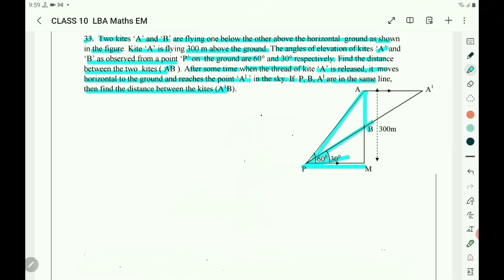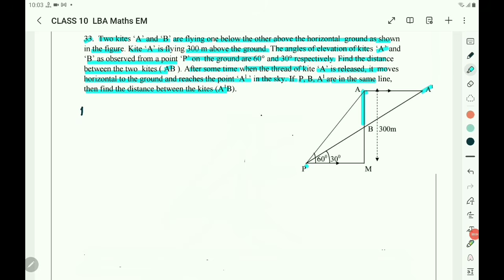We have to find the distance between A and B, and also the distance between A dash and B. Here A is the initial position of the kite A, and when its thread is released, it reaches the point A dash horizontal to the ground. Then we have to find out the distance A dash B, and it is said that A dash, B and P are collinear, they are on the same line.